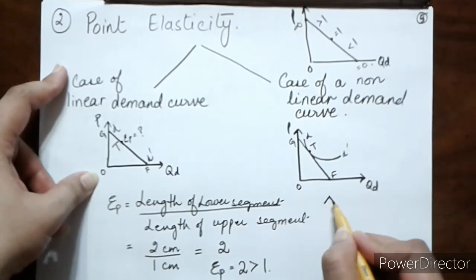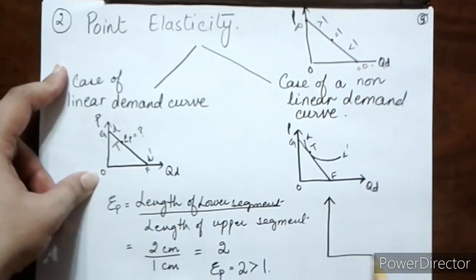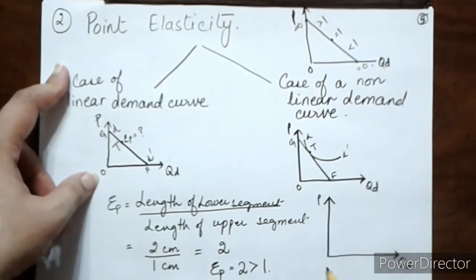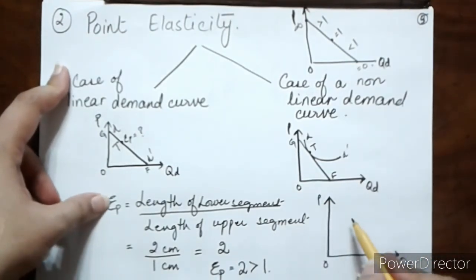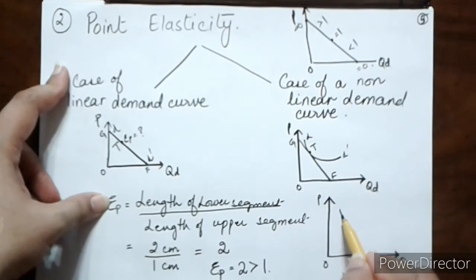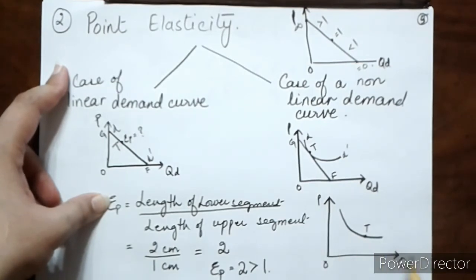Let's try one thing. Let's change the shape of our demand curve. Let's say I want to measure elasticity at this point. What am I going to do? I am going to draw a tangent.